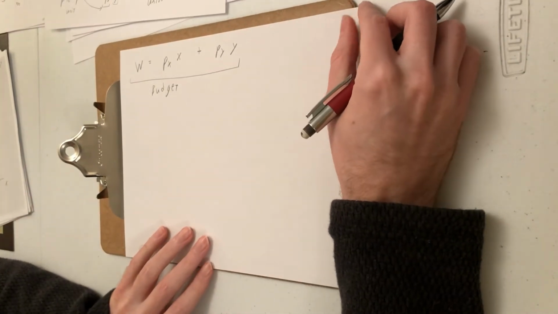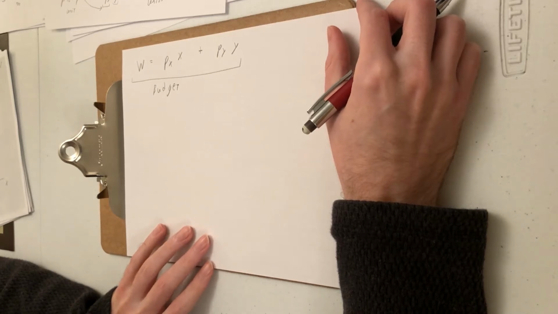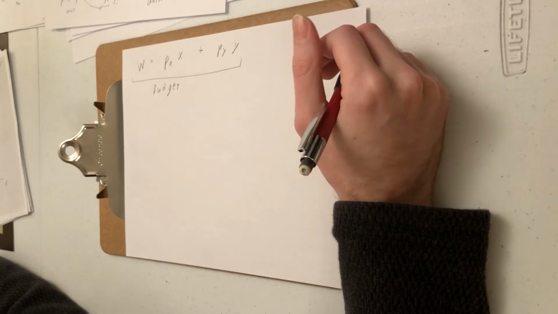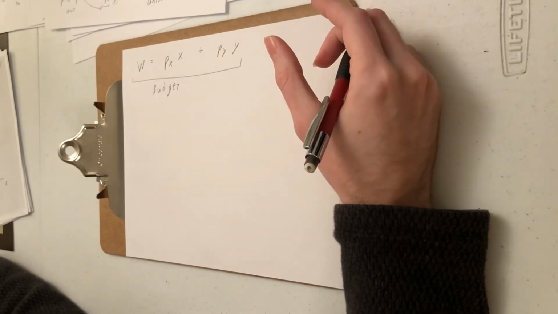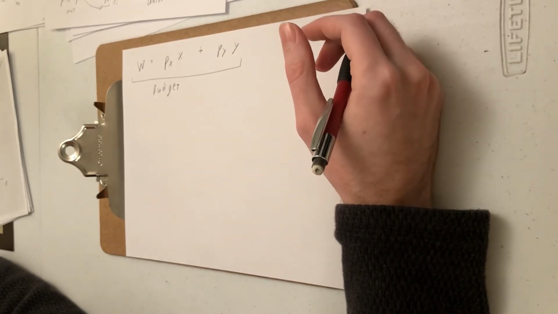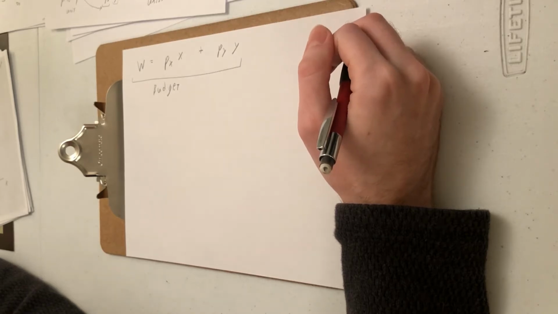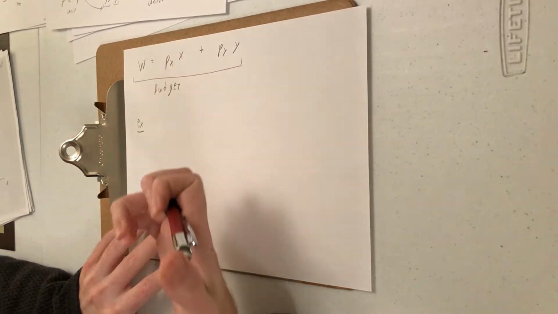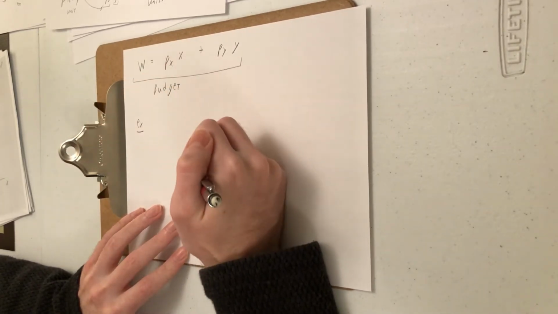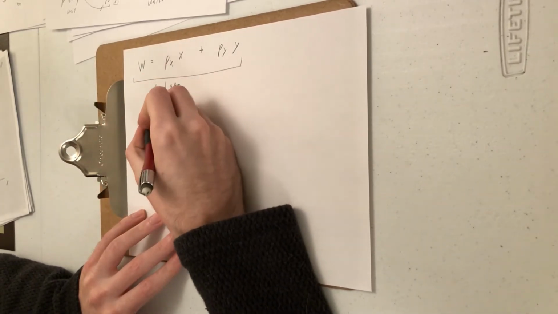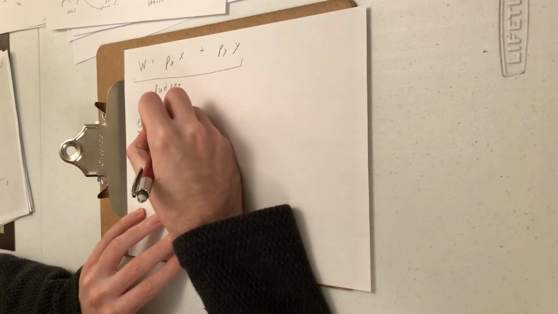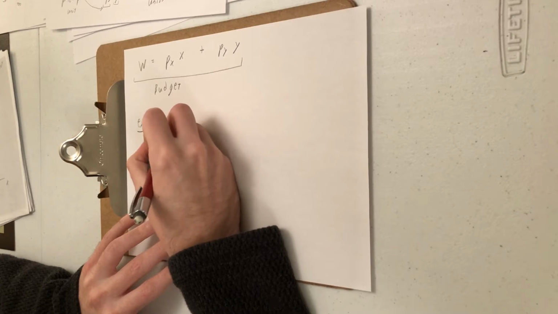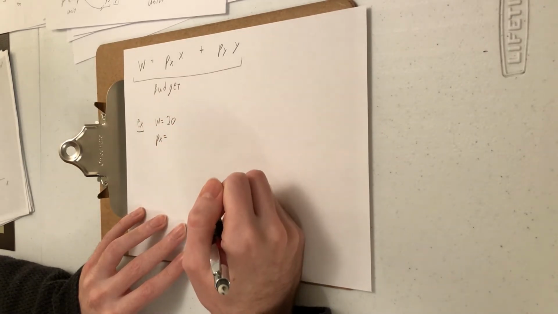So now we can graph the budget. Once we finish figuring out how to graph budgets, we can combine them with indifference curves and then figure out what optimal consumption looks like. So just to pick some nice numbers, let's say you have $20 to spend. The price of X is $1.